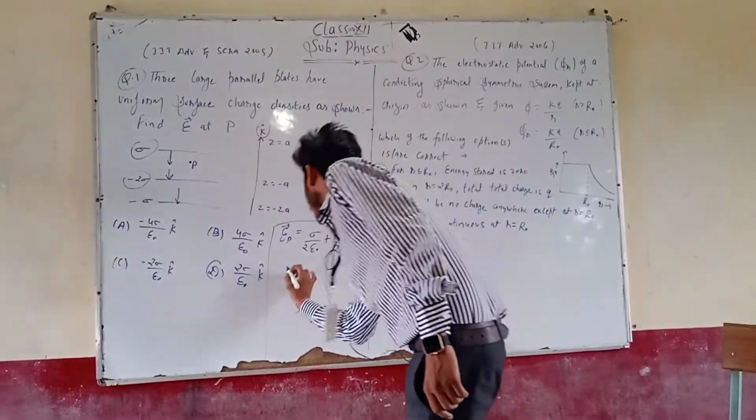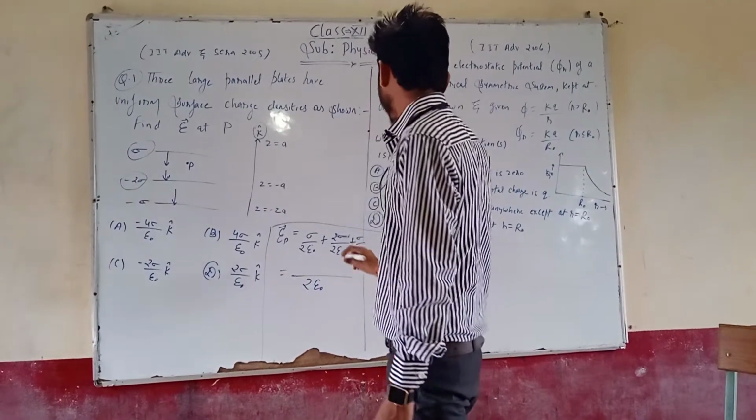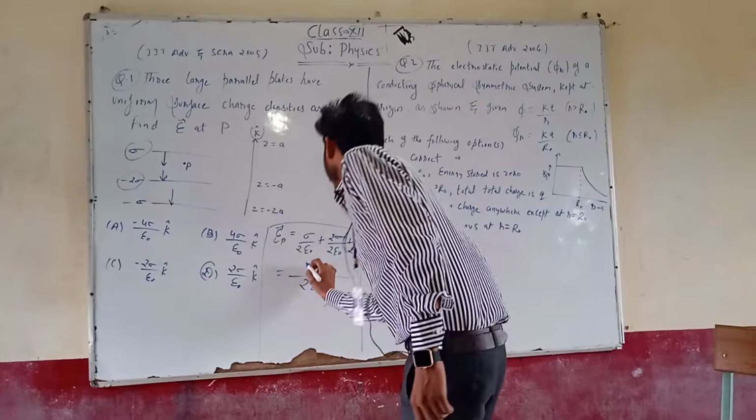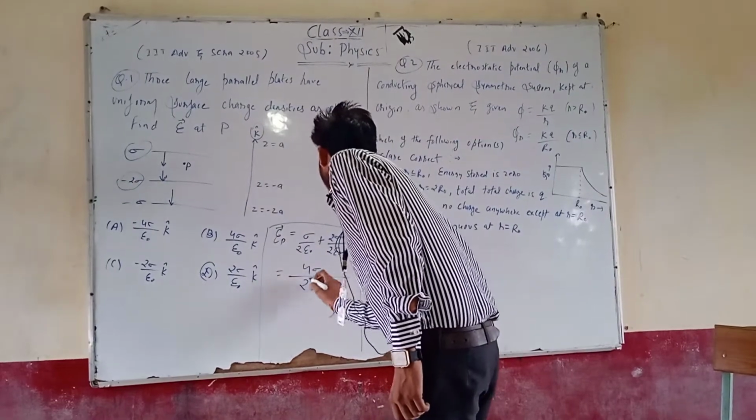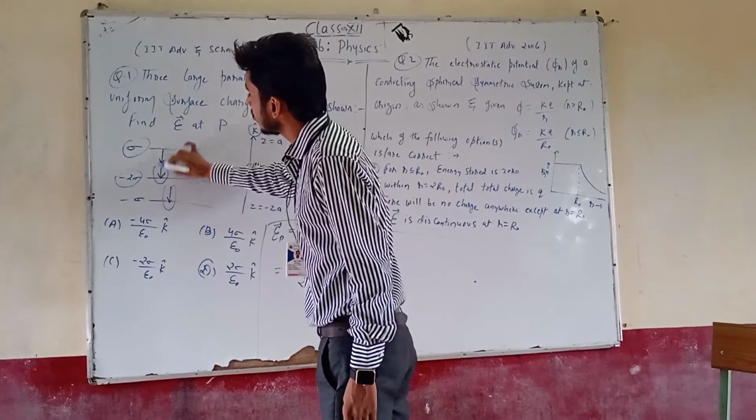The LCM is twice of epsilon naught, and this is 1, 2, 3, 4 sigma upon twice of epsilon naught.